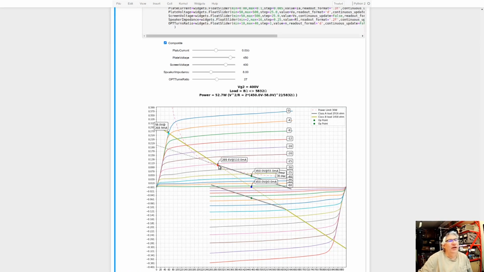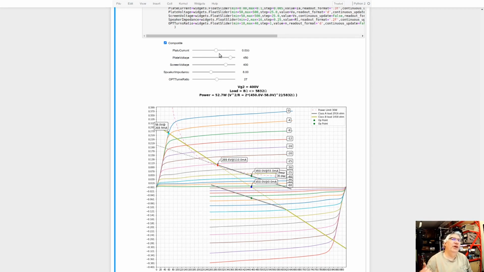And this is what makes it so that these two tubes combined could generate more power, because you're swinging over a wider voltage. All right, with this tool we have the flexibility of changing everything having to do with our output tube design, or push-pull design.